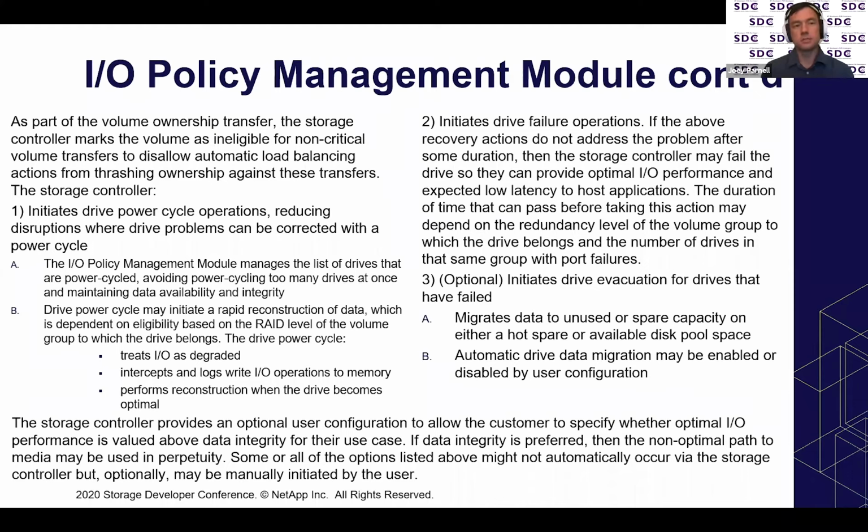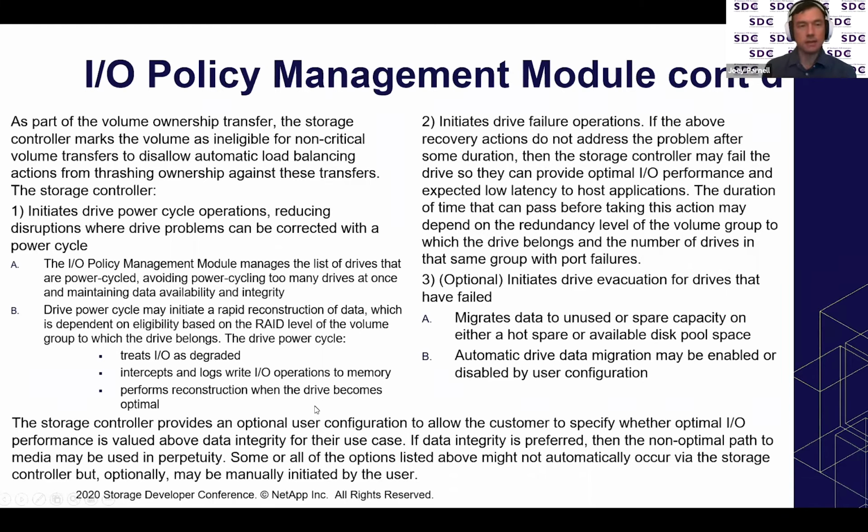Then we initiate drive power cycle operations. What we want to do is reduce the disruption as much as possible. So we have an escalating drive power cycle state machine, and it starts by power cycling just one port, the failed port.